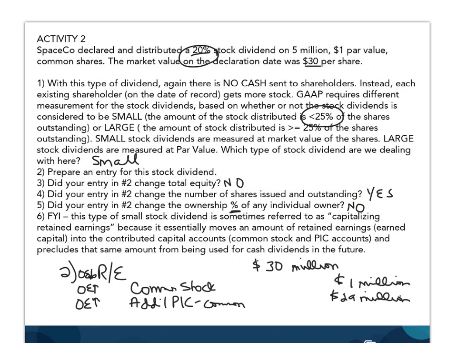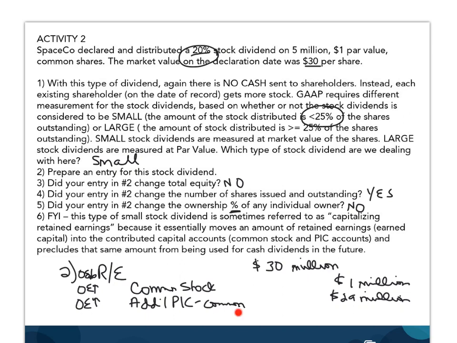Finally, I just have a statement here, which is an important thing to think through. It's sometimes referred to as capitalizing retained earnings because retained earnings is our source for dividends. We can only declare dividends if we have positive retained earnings. And by paying out a stock dividend, essentially you're moving money from retained earnings, which you could dividend at some point, into permanent equity accounts that are not used to pay dividends.